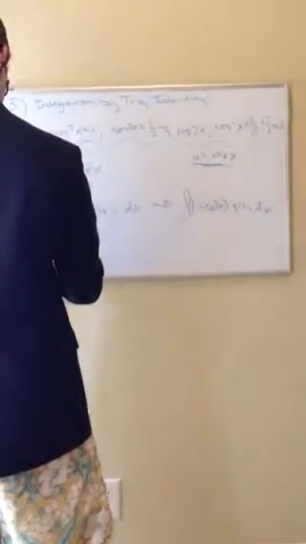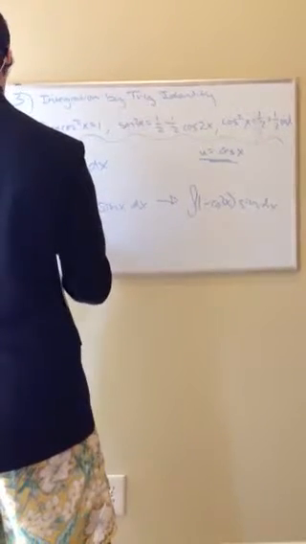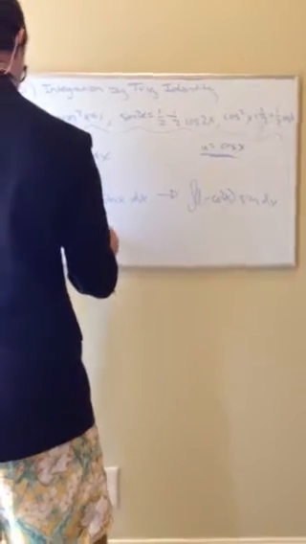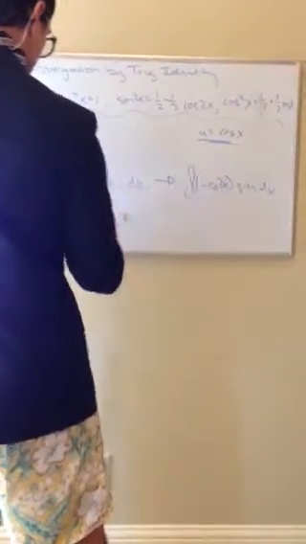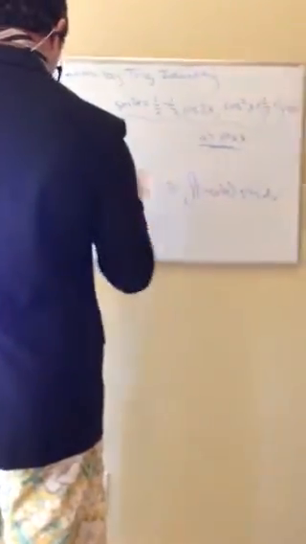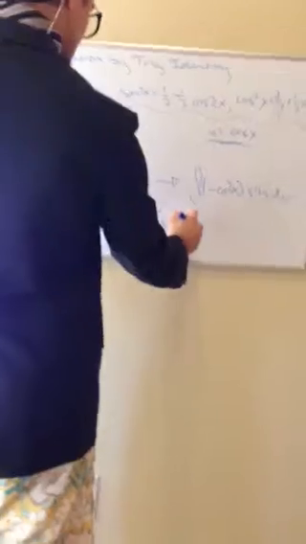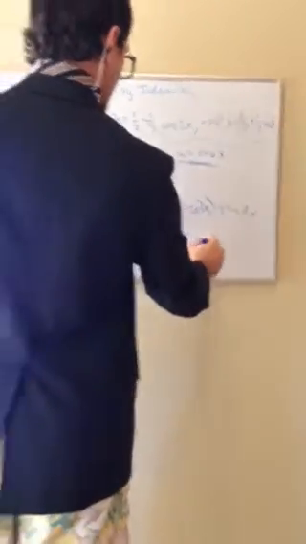So we get the integral of 1 minus u squared, negative du, which can then turn into u minus u cubed over 3, and you always add your constant.